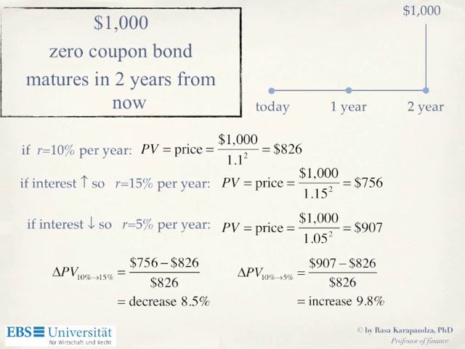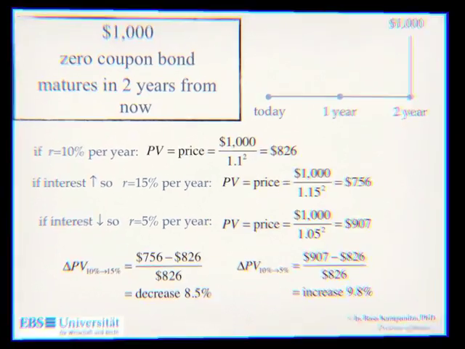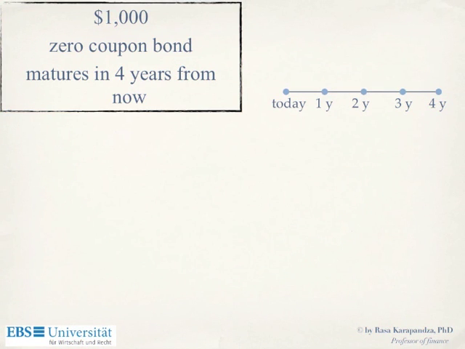Now, let's do the same exercise for the other case, when the interest rates go down. We observe an increase of 9.8%, because $907 is 9.8% more than $826. That's clear. We are observing by how many percent the price of a bond has changed when the interest rate went up or down 5%.